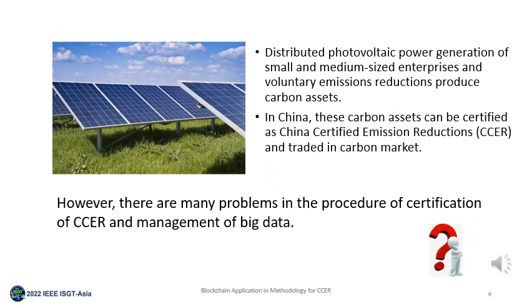To achieve these goals, some small and medium-sized enterprises in China begin to build distributed photovoltaic power systems to replace traditional energy systems. This action and their other efforts on emission reductions produce carbon assets. These carbon assets can be certified as China Certified Emission Reductions, that is CCER. They can be traded in carbon markets.